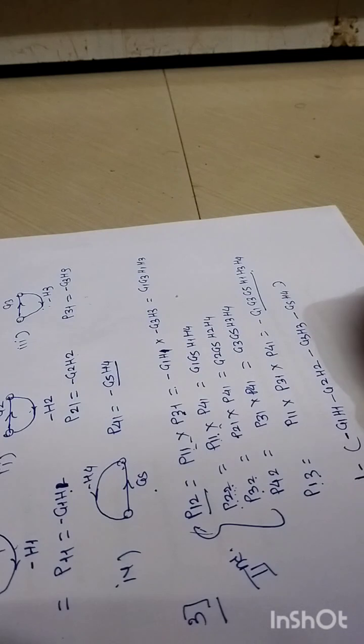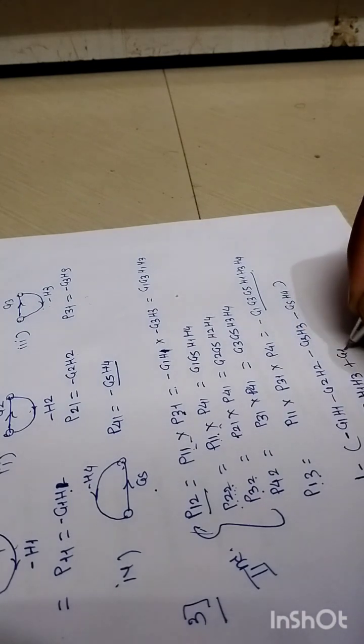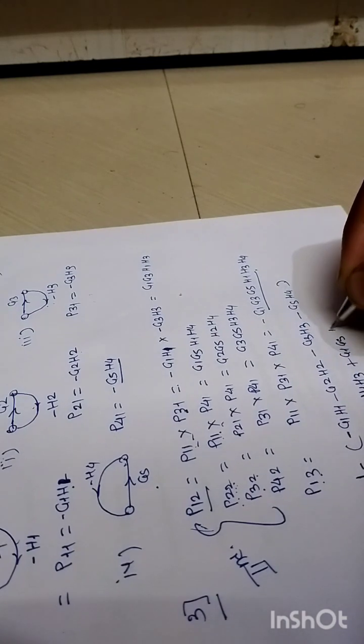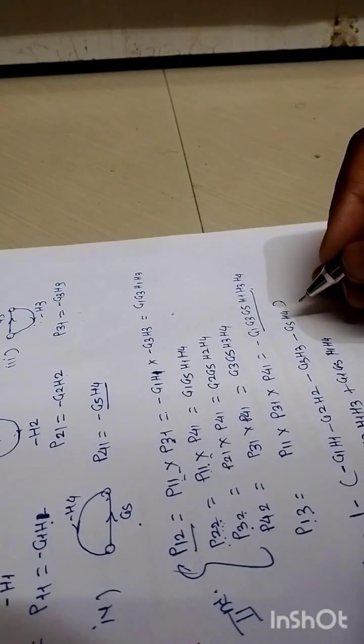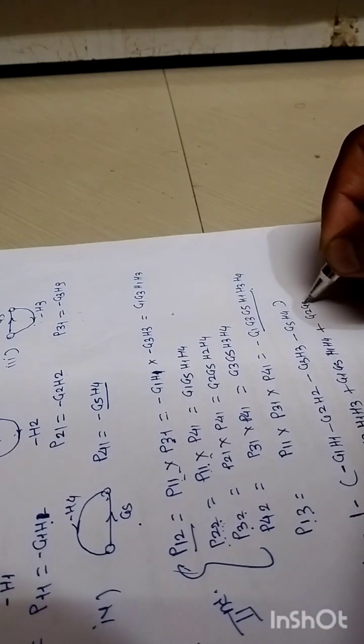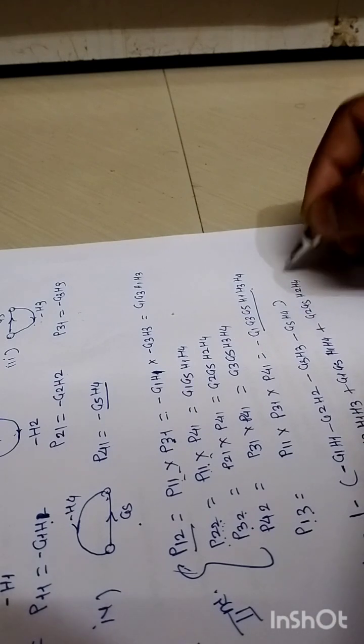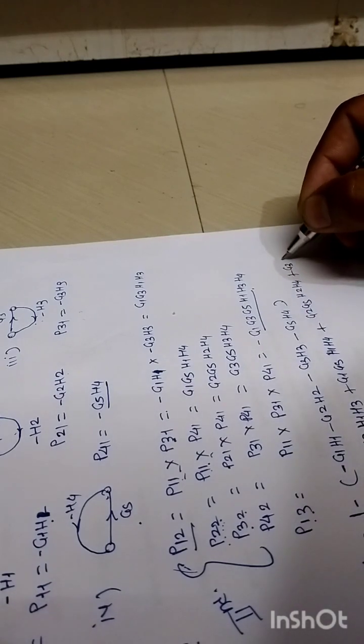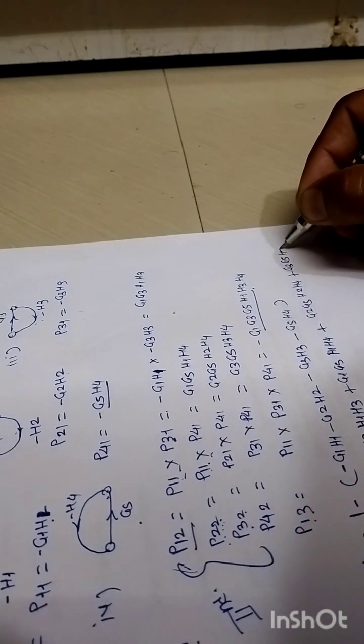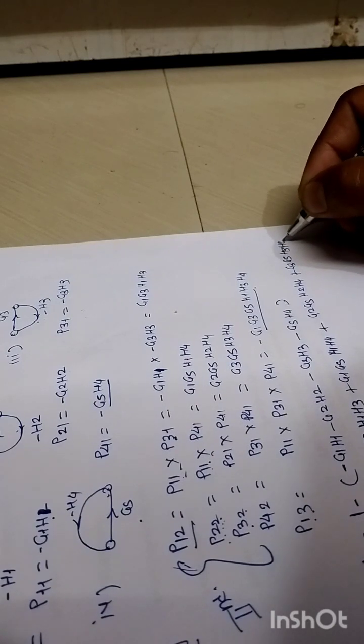So it will become G1 G3 H1 H3 plus G1 G5 H1 H4 plus G2 G5 H2 H4 plus G3 G5 H3 H4.